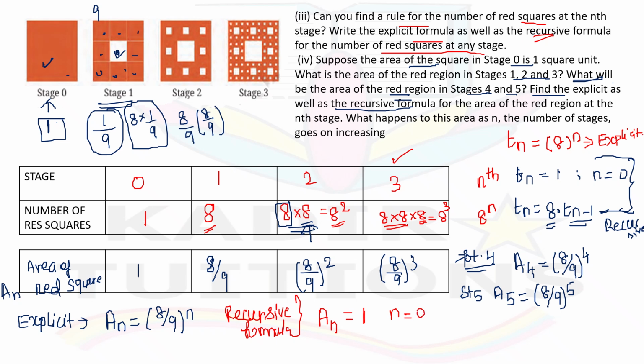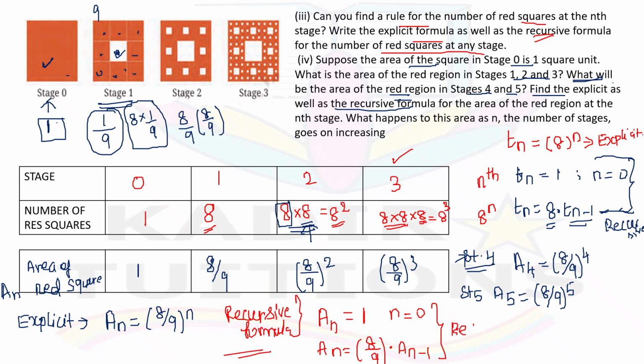And from the first stage onwards, we need to follow this formula. A n equal to, with respect to the previous term, I can write it as 8 by 9 into A n minus 1, right? This is how we can define the area with respect to the previous area value. So it's nothing but the recursive formula, right?